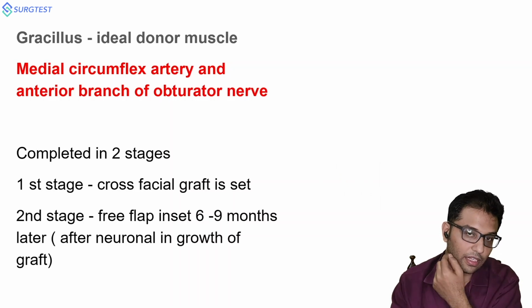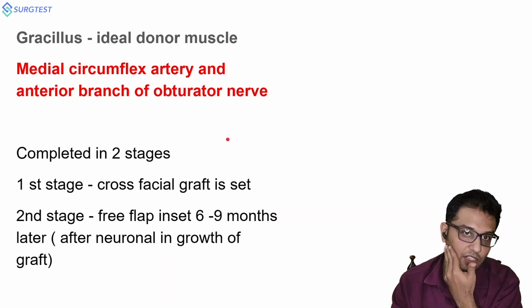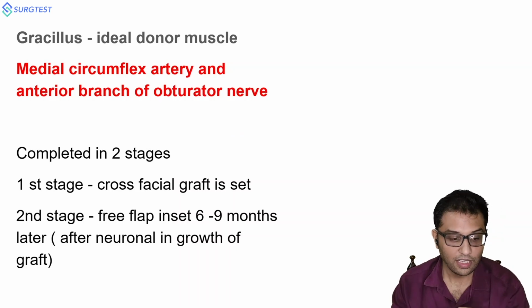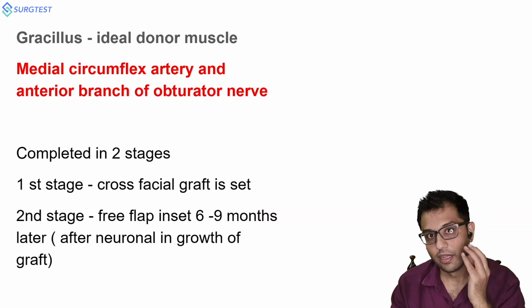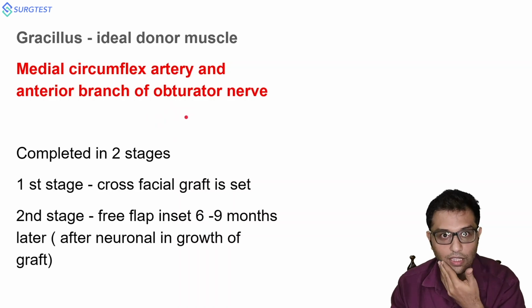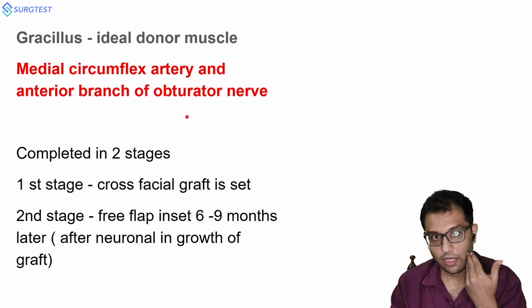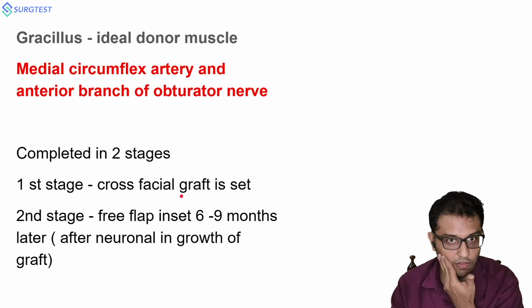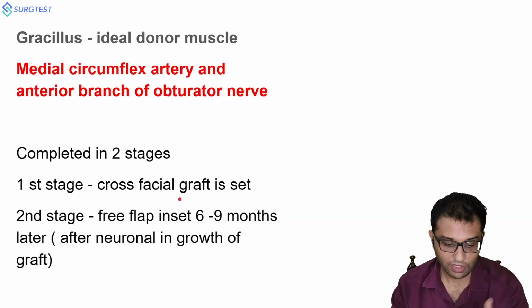Once this anastomosis completes, that is, in the first stage when this cross facial graft is set and the neuroanastomosis starts functioning, only then do we do a second stage, where we take the gracilis muscle and put it here, and on the anterior branch of the obturator nerve of the gracilis, the other end of the sural nerve gets anastomosed. That is called the second stage. So the second stage is only done after there is neuronal ingrowth of the first sural nerve grafts. Once it takes up, only then do we do the second stage.